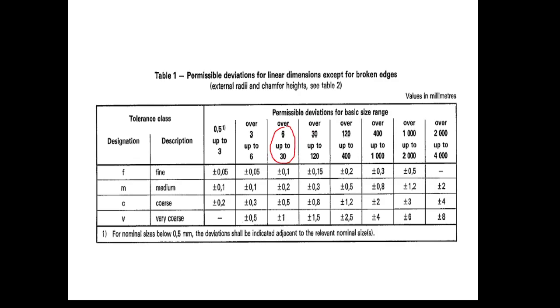For this range, it does not matter whether the tolerance class selected by the designer is fine, medium, or coarse. You see the deviation starts from tenths. Some other dimensions are in this range, and again the deviation starts from tenths. And the width of the object, 175, is in this range, and the deviation starts from tenths.